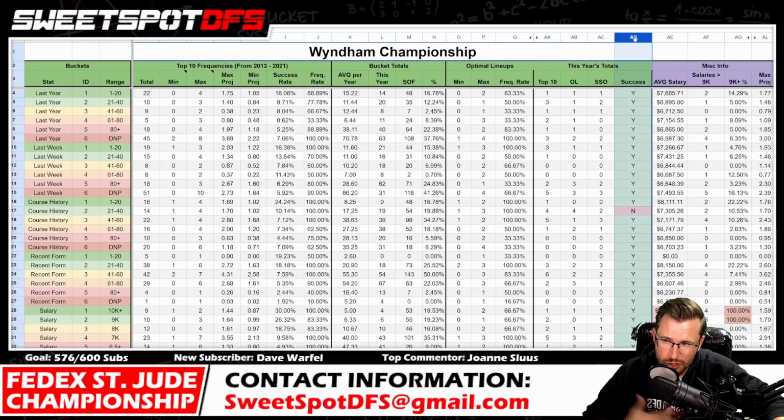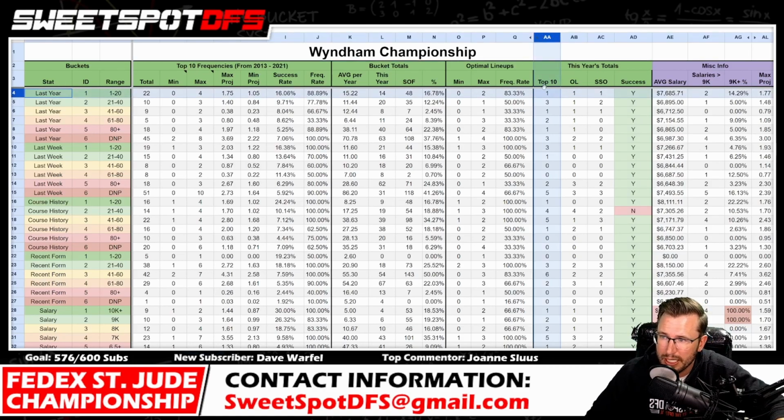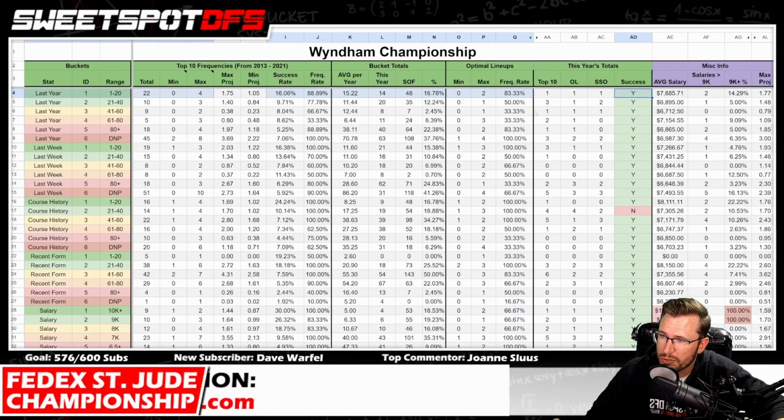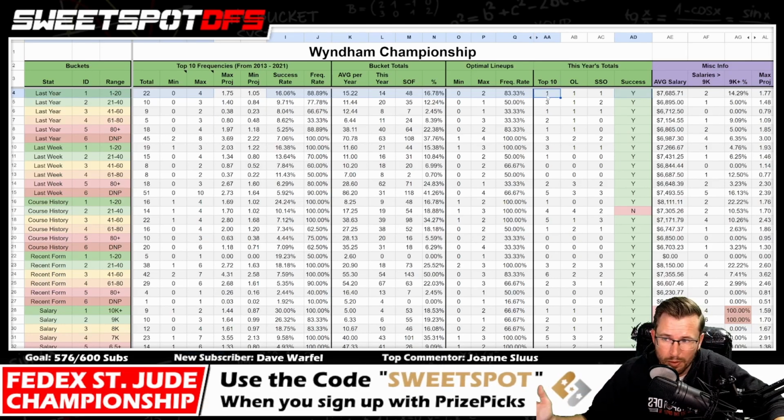And to determine if this was a success, we look at how many golfers finished inside the top 10 for each of these buckets. And if that number fits within the projection that we have, it's a success. Simple as that. So in this first bucket, you can see there was one inside the top 10. Perfect. Now, the next one's actually really interesting because we had 3 golfers that finished inside the top 10. Our projection was 0 to 2. Well, that's not a success.